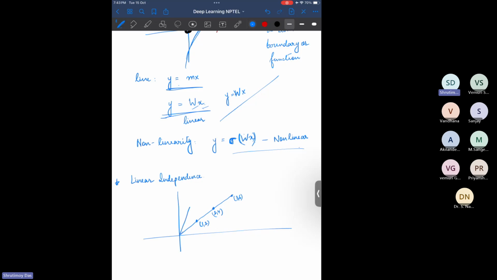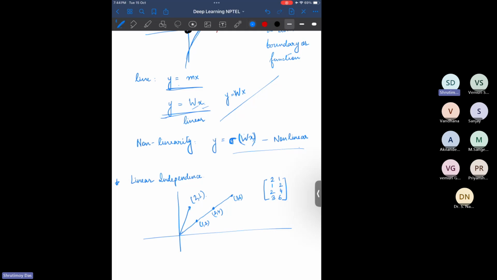And I have another point, let me say 2, 1. If I write it down in the form of a matrix, I can write it in any order, so say I write 1, 2, 1, 1, 2, 4, 3, 6.